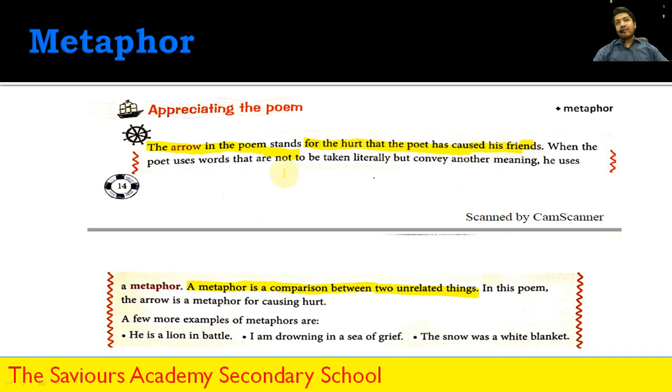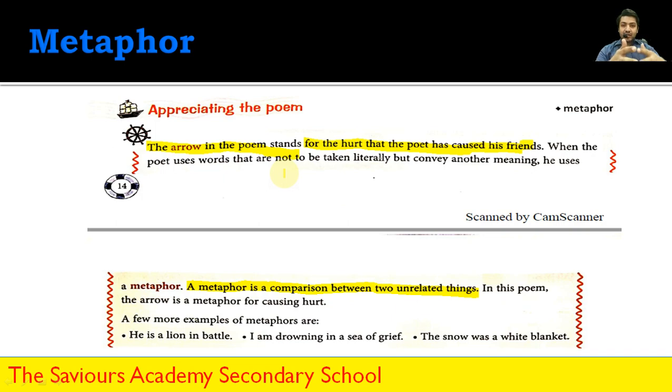So we have the arrow. Yesterday we studied how the arrow vanishes in the air. Okay, it disappears in the air. In the similar manner, what actions we do and what words we speak through our mouth without thinking, just instantaneously, it is just like an arrow, and the arrow here stands for the hurt.